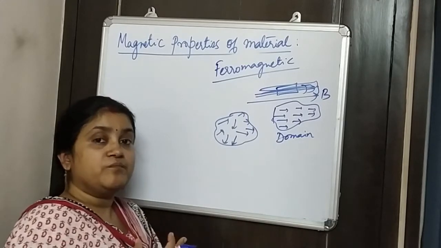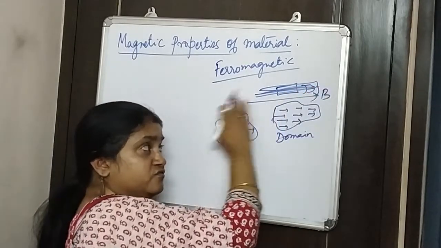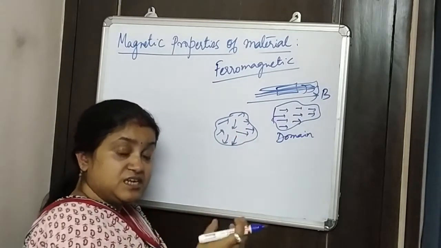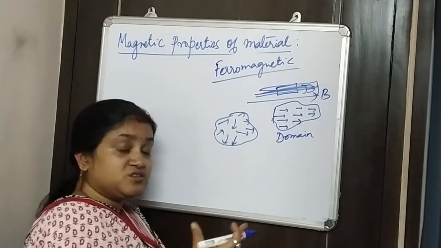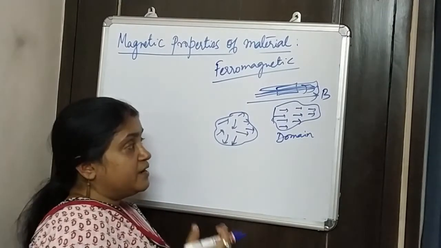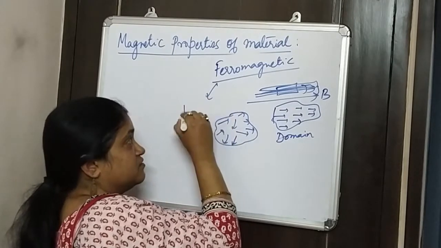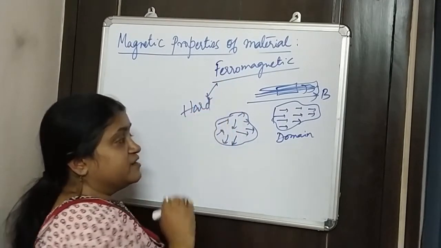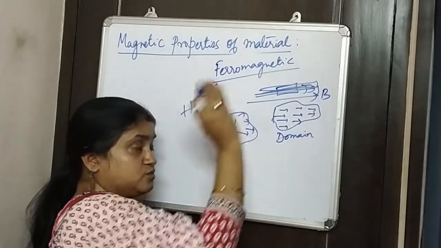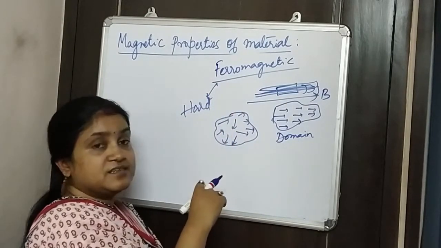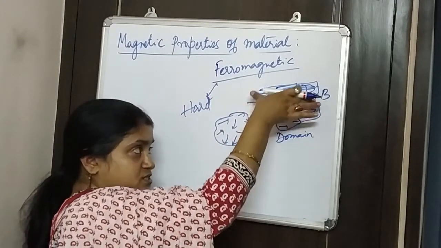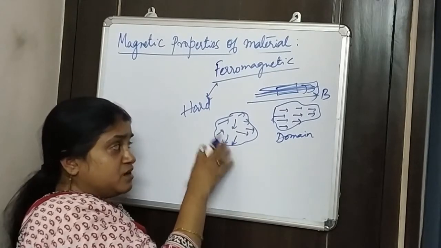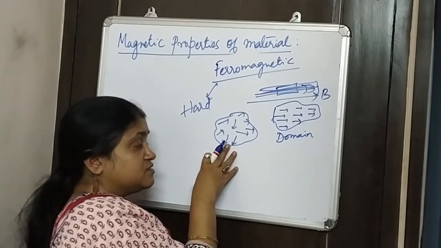Some such ferromagnets, even if you remove the magnetic field, would still remain magnetized, and such magnetic substances are called hard ferromagnetic. And certain ferromagnets are there which, when you just remove the magnetic field, would again come back to the unmagnetized position.